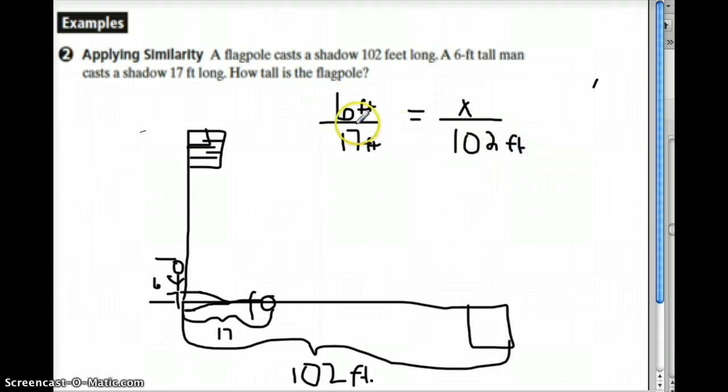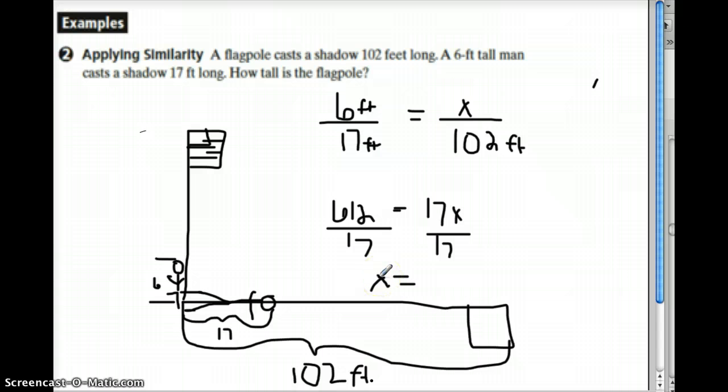Cross multiply. If we cross multiply 6 times 102, we get 612 feet equals 17x. So then if we divide both sides by 17, I'm going to get my calculator out here, we should be left with the height of our flagpole equaling 612 divided by 17.